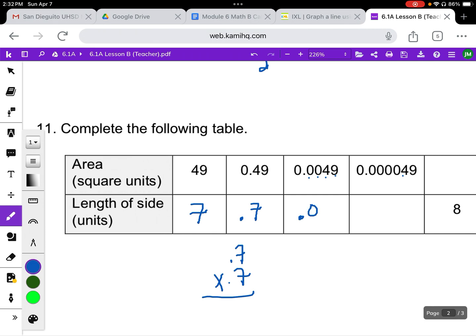So if I add 2 digits, not counting this 0 if I choose to write it, and I'm multiplying it by itself, and there's another 2 digits, that's going to get me the 4 that are needed. This one has 1, 2, 3, 4, 5, 6. So 1, 2, and then I need a 7, which is 3. Times itself will get me the other 3 for a total of 6.